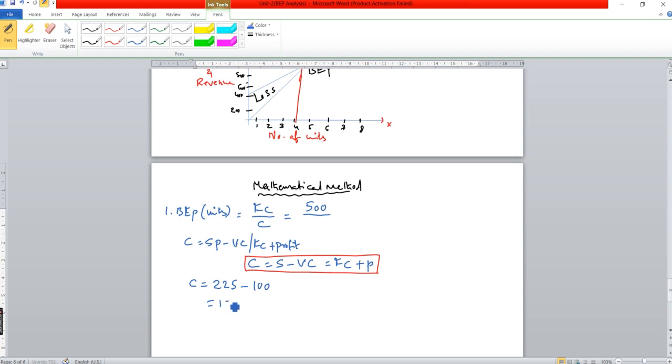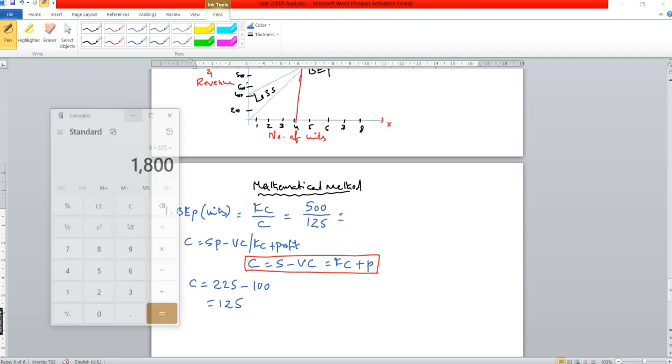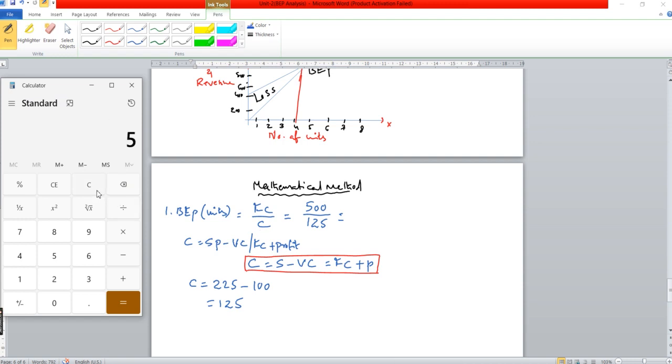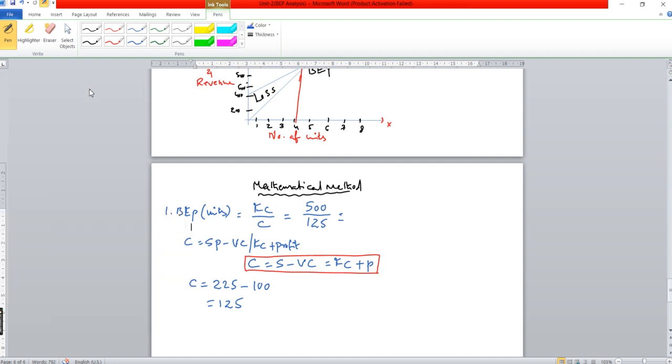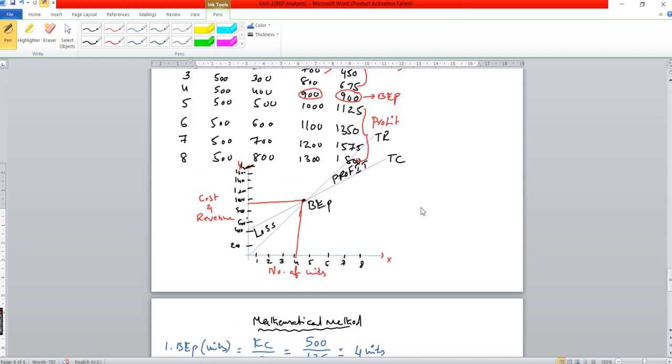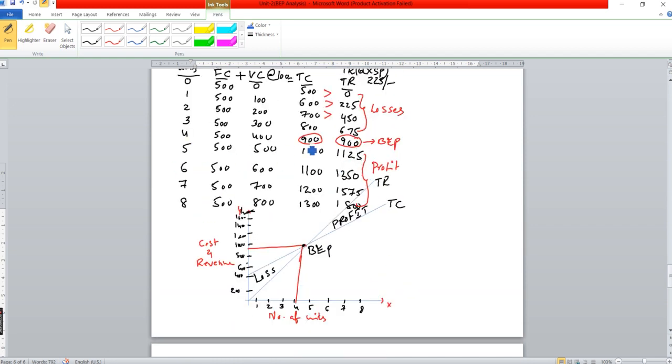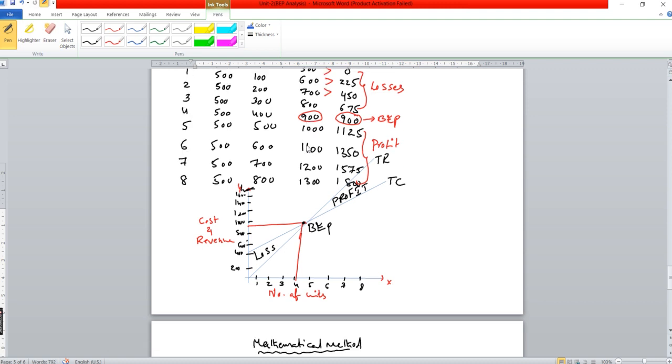Finally, the contribution is 125 rupees. So 500 divided by 125, we are getting 4 units. Exactly in the above schedule, at 4 units, the total cost is 900 and the total revenue is also 900.